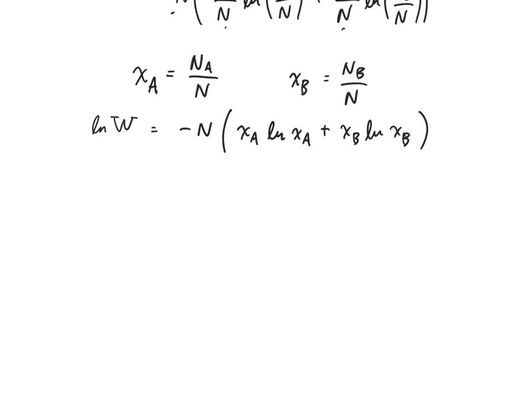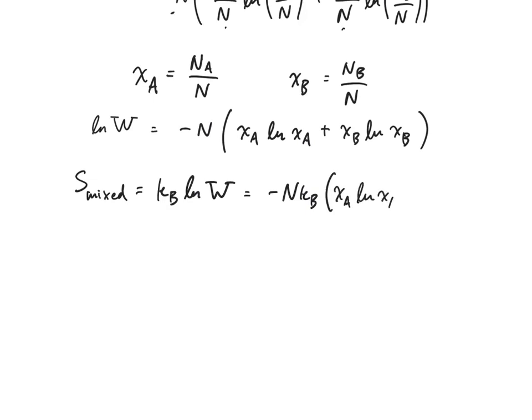And now we're ready to write down our entropy. So the entropy of our mixed system is equal to Boltzmann's constant times log big W, which just equals negative N kB times (the mole fraction of A log mole fraction of A plus mole fraction of B log mole fraction of B). And N, the number of particles, is equal to the number of moles times Avogadro's number.